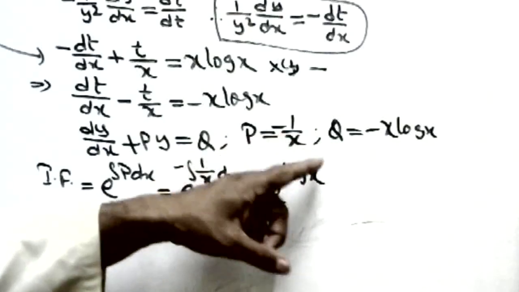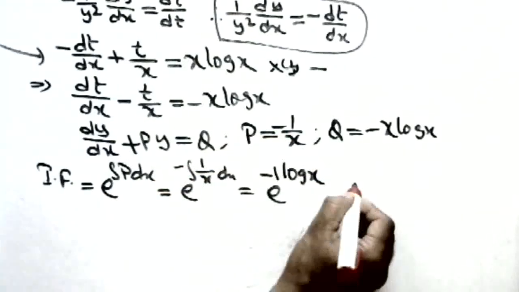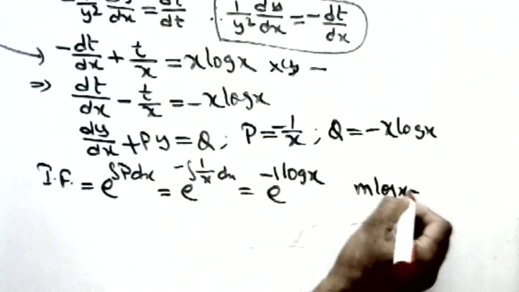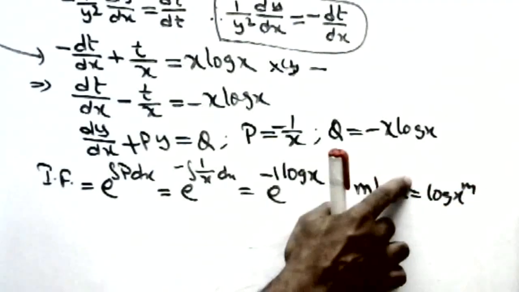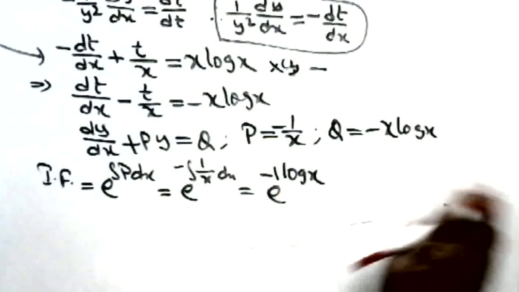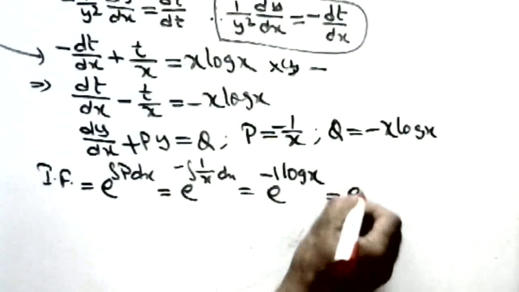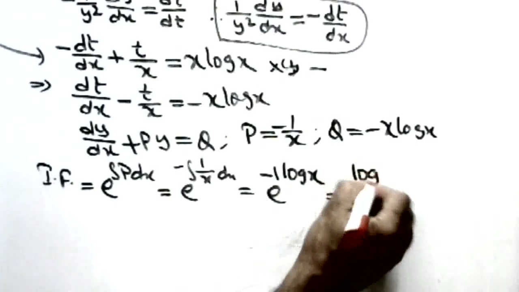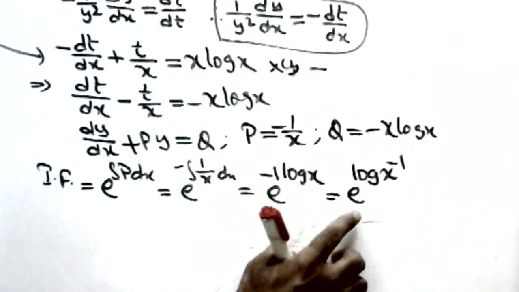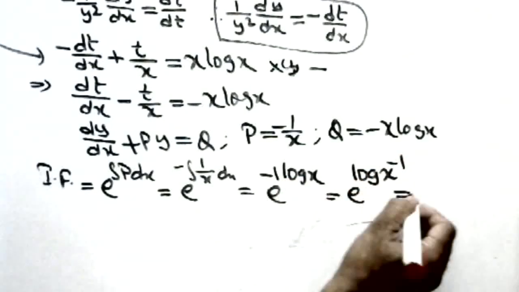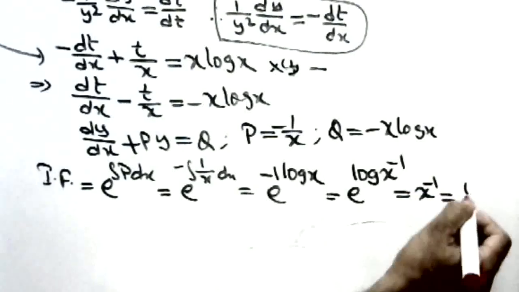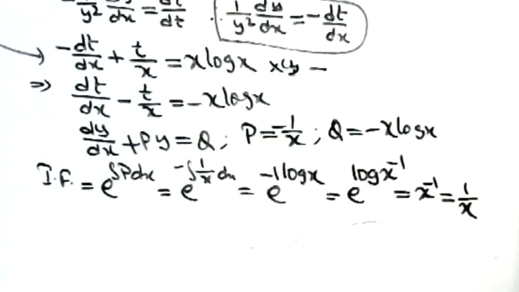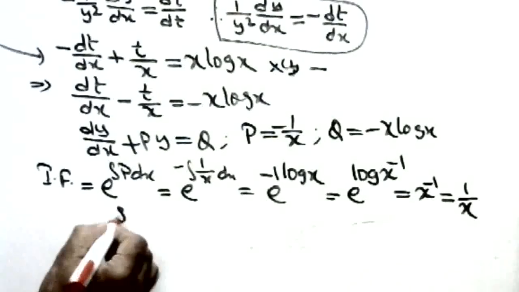Minus means we take minus 1, so bring this minus 1 in the power of x. This is a formula: m log x equals to log x power m. This m will go here. So in the same way, equals to e to the power of log x power minus 1. So e and log will get cancelled. We are left with x power minus 1, which is 1 by x. So we got the integral factor.